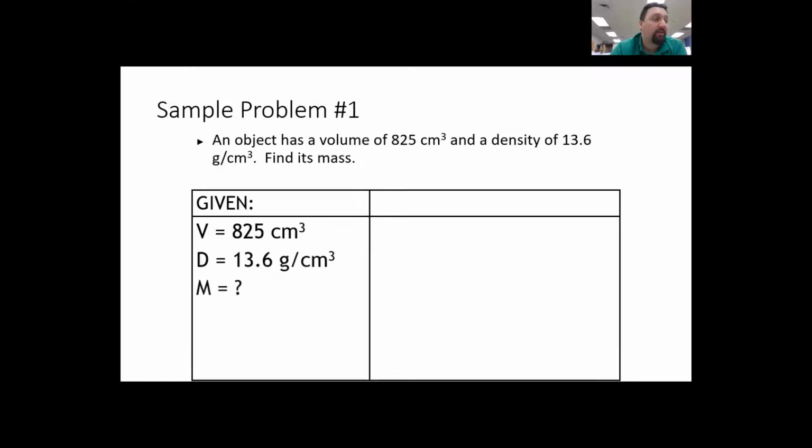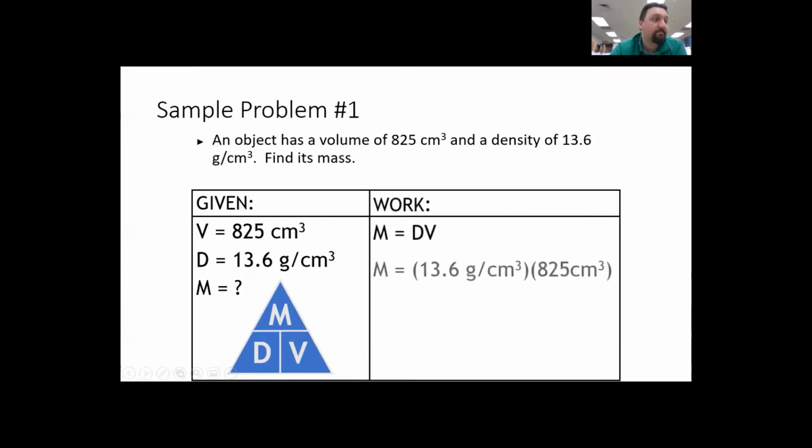All right, we need to know the mass. So filling in our knowns, we know the volume is 825 and the density is 13.6. Our unknown is on top. To solve, we're just going to multiply our volume, 825, by 13.6, which gives us 11,220 grams.